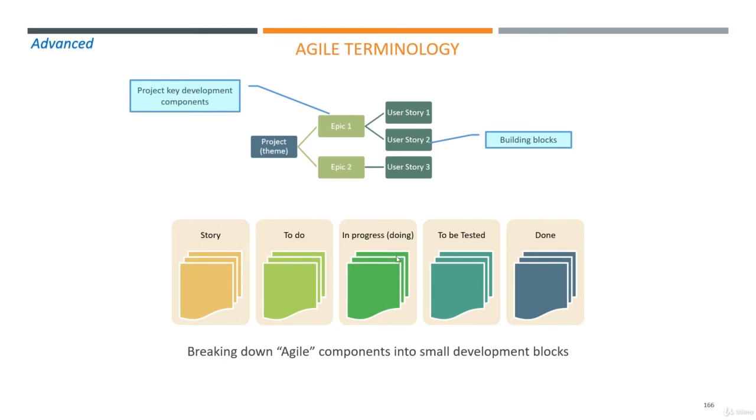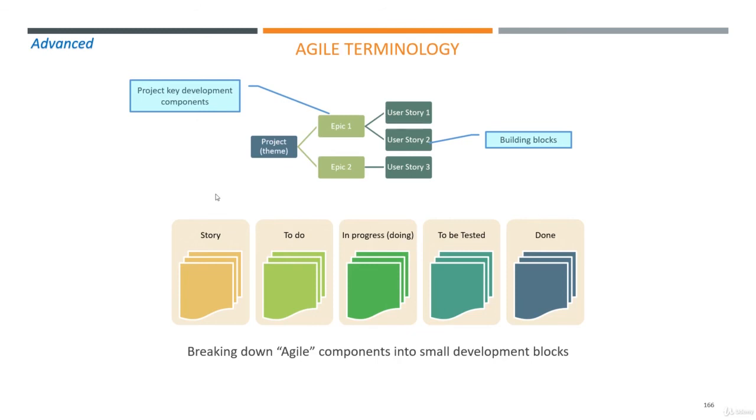You have another part where you put in progress, so that shows what is currently being done, what is to be tested, so that the development has been completed and now it's ready to be tested, and what is done. And this should go into the implementation as the next sprint.